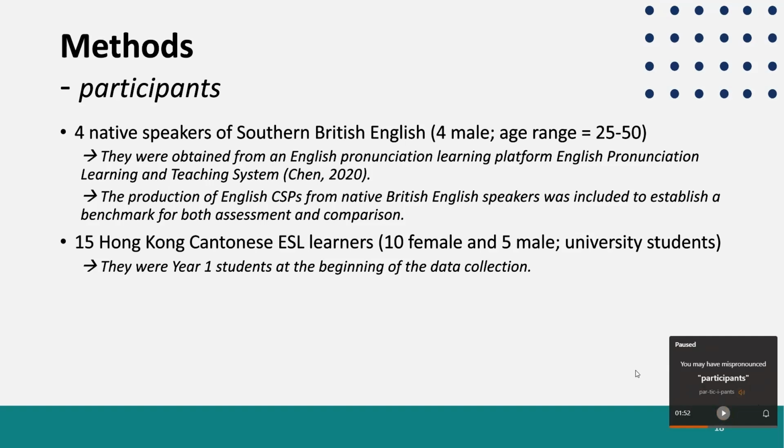Well, now let me start here again. Now let's take a close look at participants. And their production of English CSPs were included in order to set a benchmark for both assessment and a comparison.